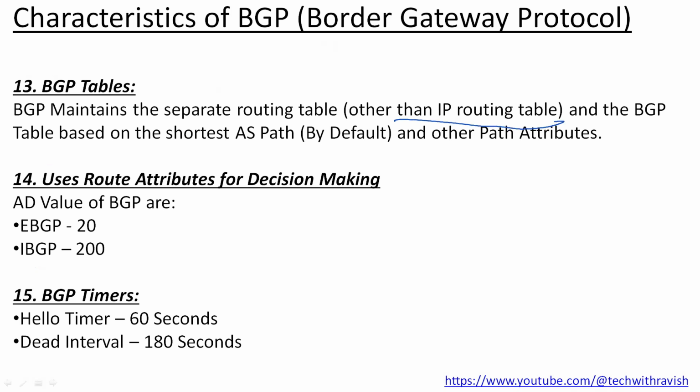So there are two tables in case of BGP: the BGP table as well as the routing table. It uses route attributes for decision making. Obviously, BGP is a policy based routing protocol, and BGP timers are also there.